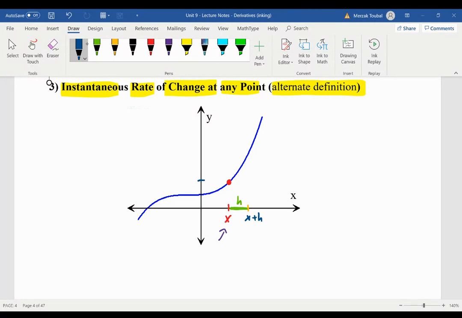So this point here, we're going to have the x coordinate of this point, which is x, and a y coordinate is f of x. x, f of x.